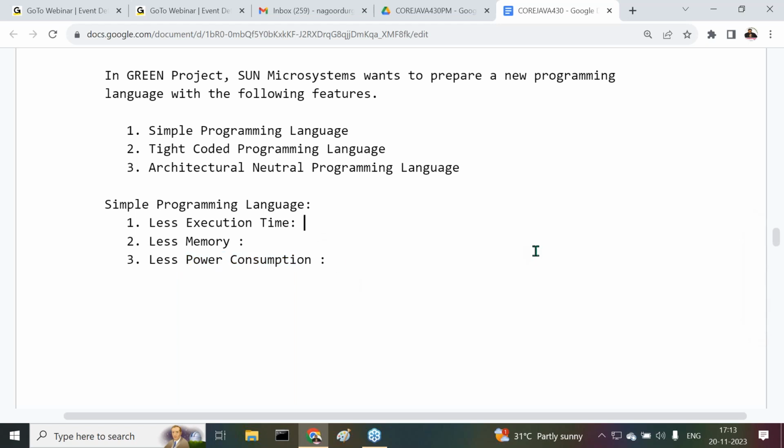Less execution time. What exactly is the meaning of less execution time? What do you get through the lesser execution time? Observe carefully. For example, listen carefully, one fine day I'm watching a football match on TV.